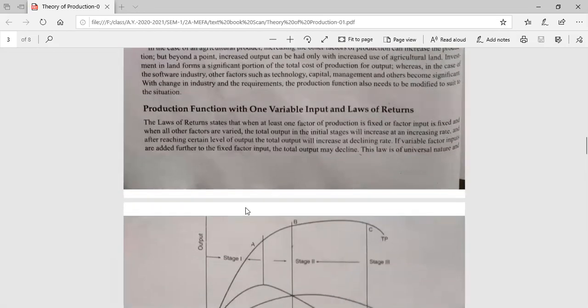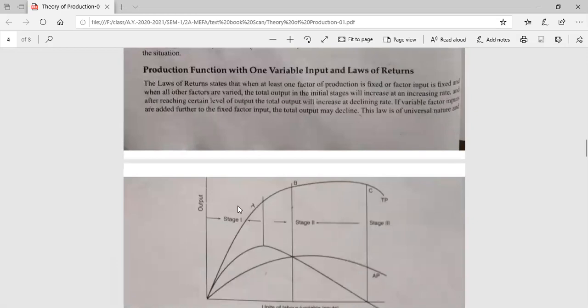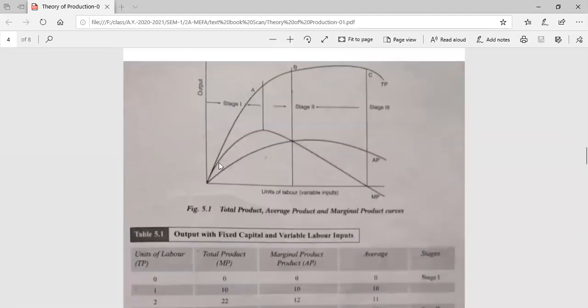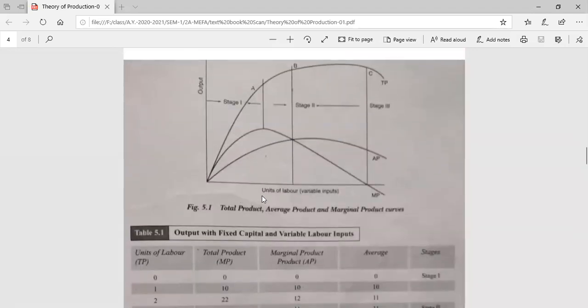So here first we are identifying for one variable input. That means the factors as one variable input. Here the variable input we are using is the input of labor. We are varying the labor and we are observing the output.